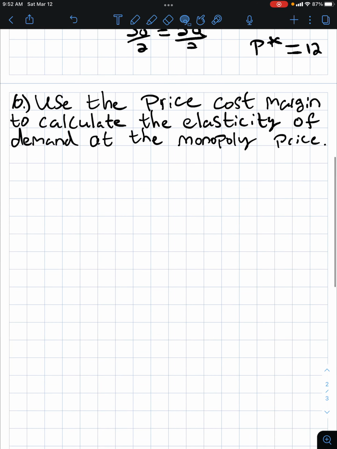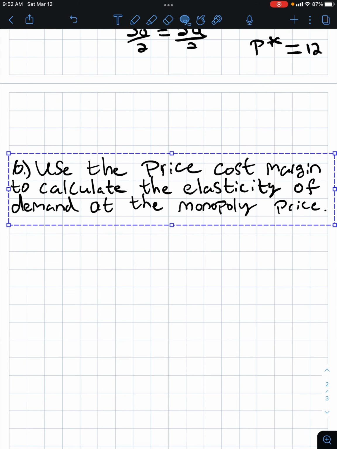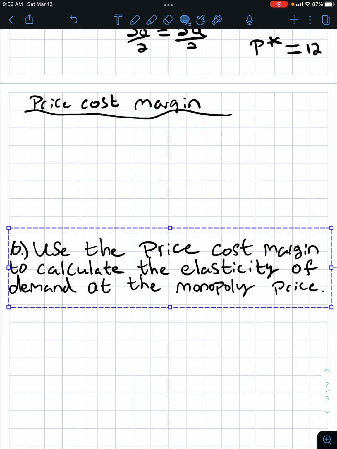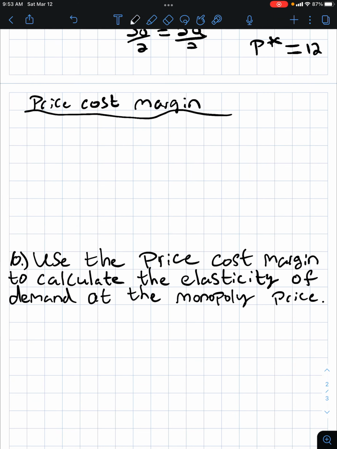Now that we found our price and quantity, how do we use these two values to compute our price cost margin? Well, our price cost margin is equal to the price of a monopoly minus our marginal cost, divided by the price of a monopoly.